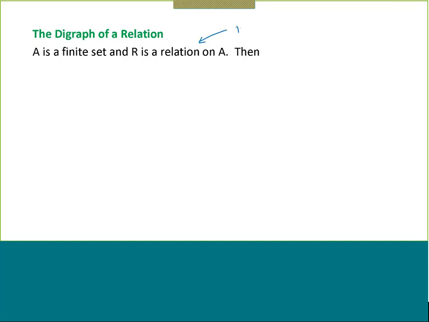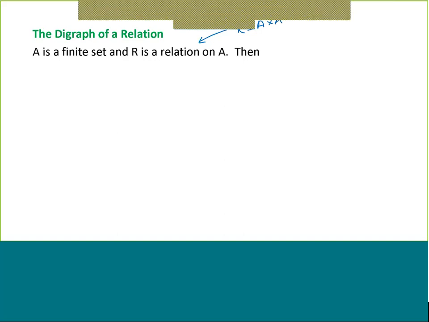This means your relation R has to be a subset of A cross A. So unlike our previous example where we had 2 different sets A and B, here you have to use the same set both for where your domain and your range are pulling from. Your domain and your range don't have to be the same set, but they have to be subsets of the same set. Okay? And the reason is how this thing is going to get built.